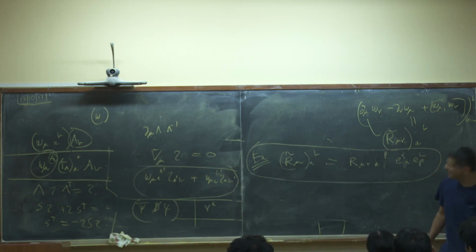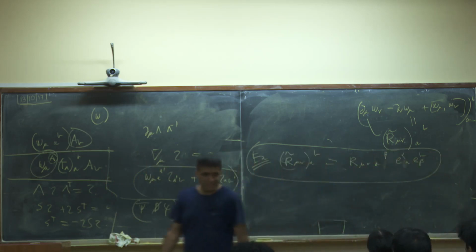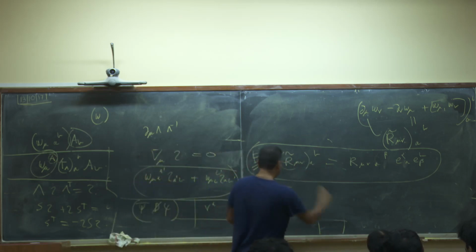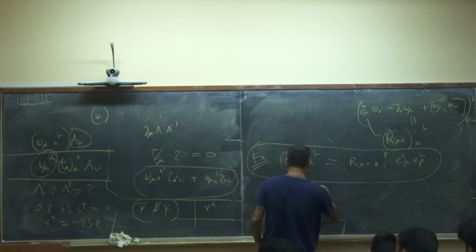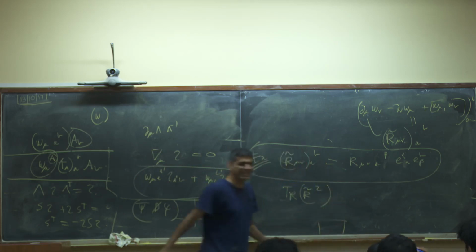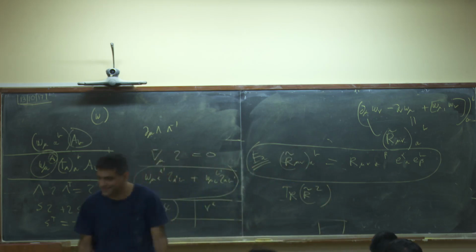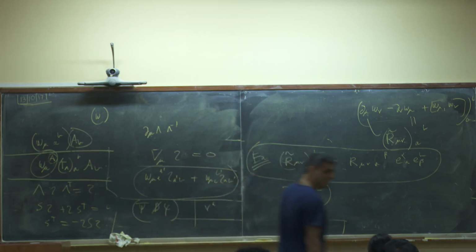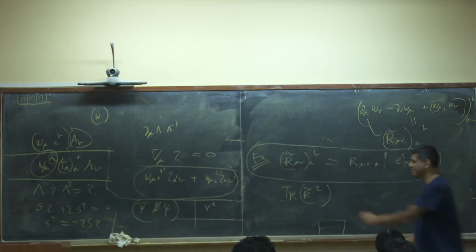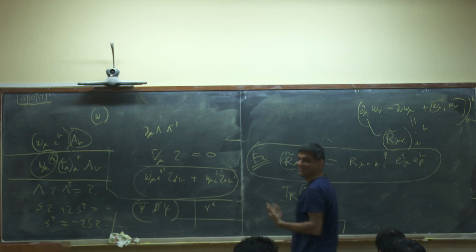So for instance, if we compute a trace of R tilde squared, it's like trace F squared, like what we do for Maxwell theory. Okay? The Lagrangian scalar, right? That's exactly it. So trace of this is what?